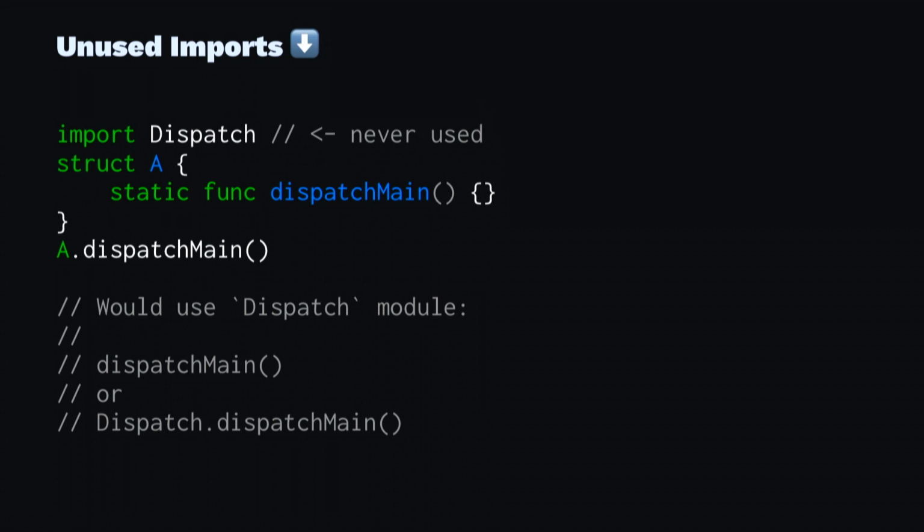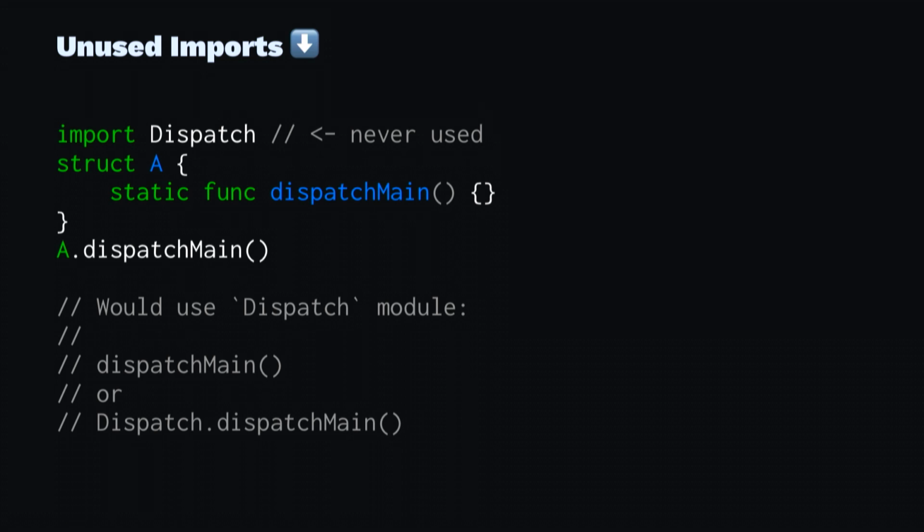For example, maybe you've split up your app into multiple frameworks, and so you have this dependency graph. And you might think it's overly complex because you think that some modules depend on others when in fact they don't. So detecting unused imports can be a good way to identify that, really simplify your dependency graph, simplify your entire application architecture.